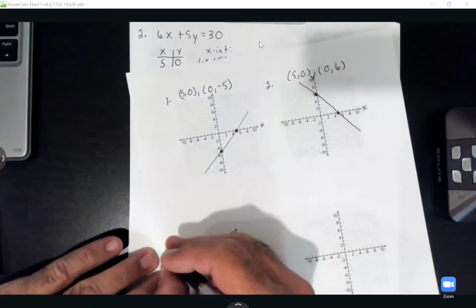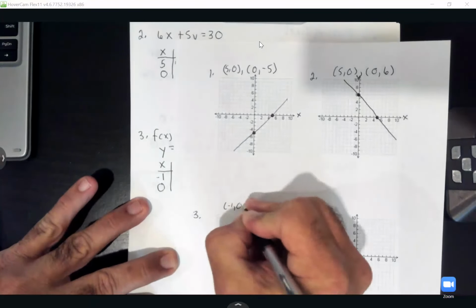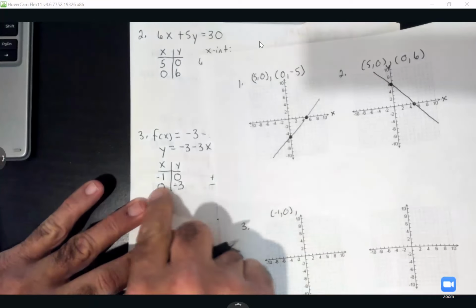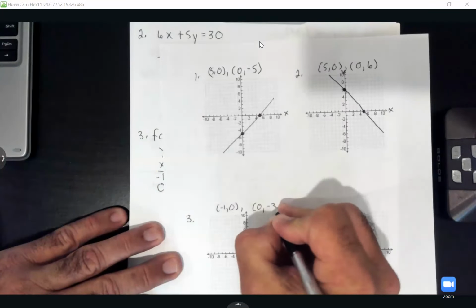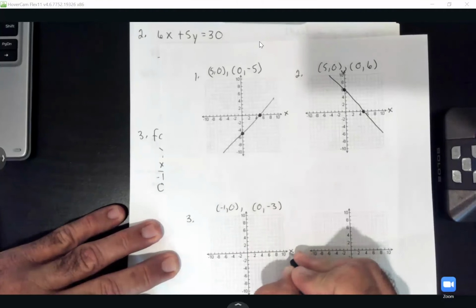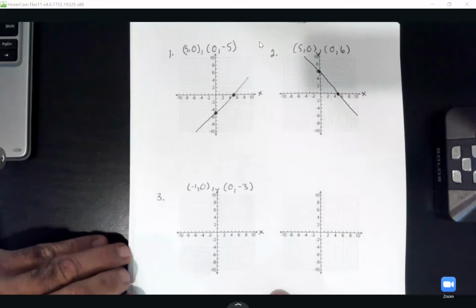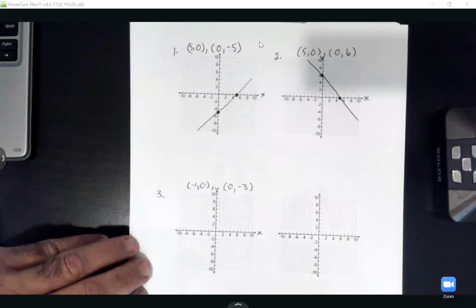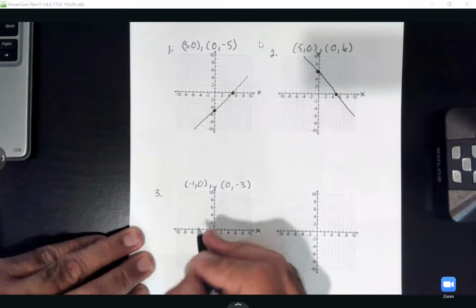All right, so let me plot that one right here for my number 3. So remember, I had -1, 0, and I had 0, -3. Once again, that's your x-axis and your y-axis. All right, y'all, so I'm going to plot my x-intercept first, -1, 0.